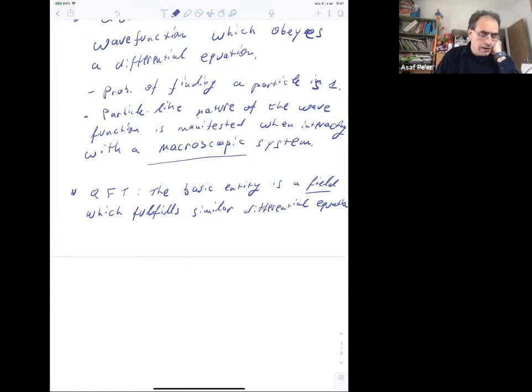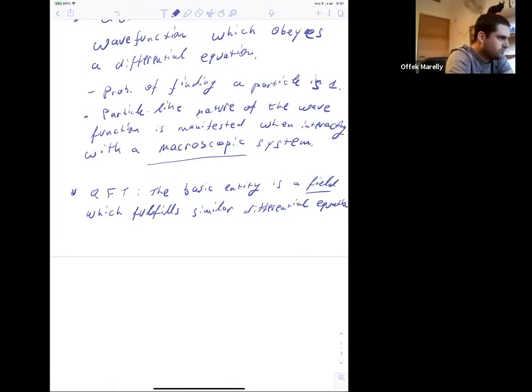Then what is a particle? I mean, we know there are these things which are called particles. So what are particles in the framework of quantum field theory? Any suggestion? What are particles?